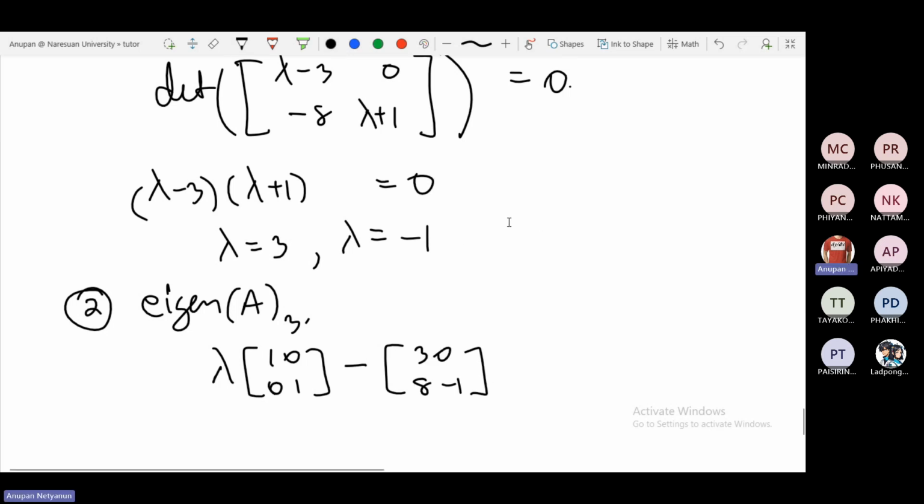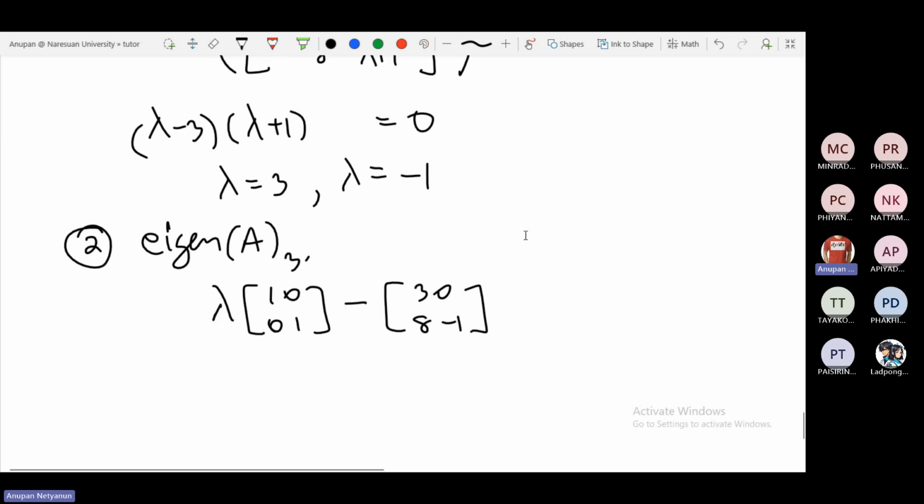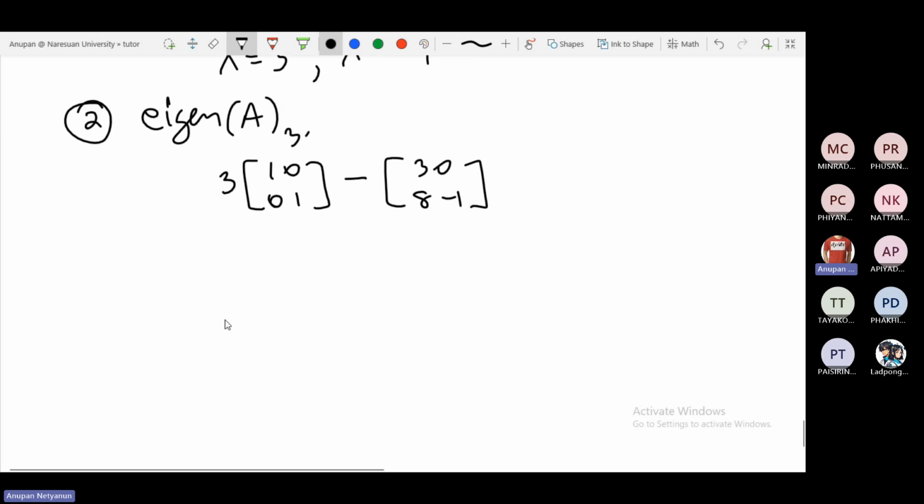And we want to consider lambda equal to 3, right? So I can plug in 3 here. So now I have this times x, right? Equals 0.